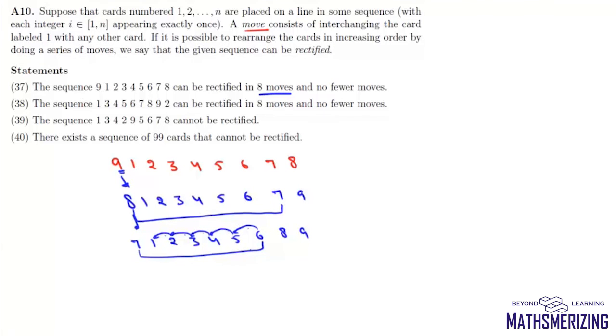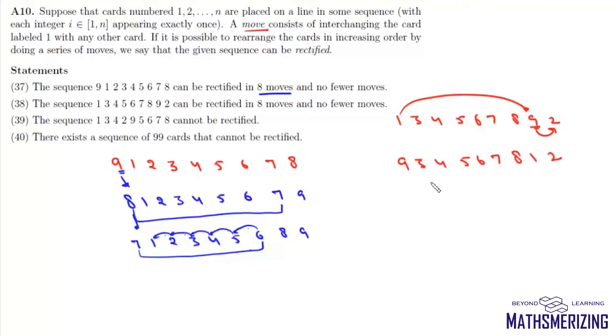Now in 38, we have the second sequence, which is 1, 3, 4, 5, 6, 7, 8, 9, and 2. Now first we have to place this 9 at the end. So we'll interchange 1 and 9. So it'll be 9, 3, 4, 5, 6, 7, 8, 1, 2. And then we interchange this 9 with 2.